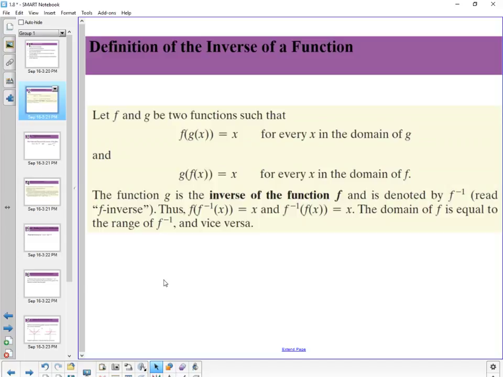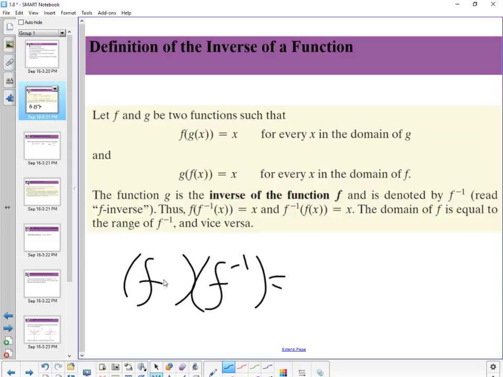So, definition. Here's your definition for inverse functions. I want you to notice this little terminology here. It looks like that. That is not f to the negative first power. That just means that it's the inverse function. What's really nice about taking a function and multiplying it by its inverse, you should get back a linear function, just the original straight up mother function for a line.